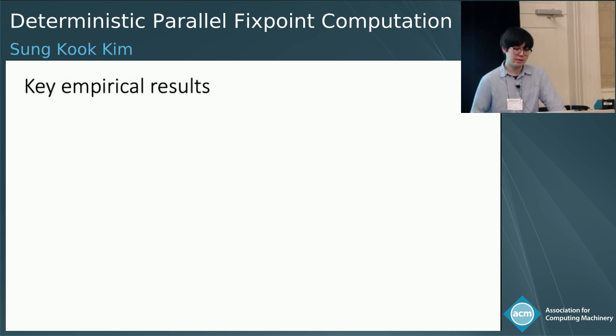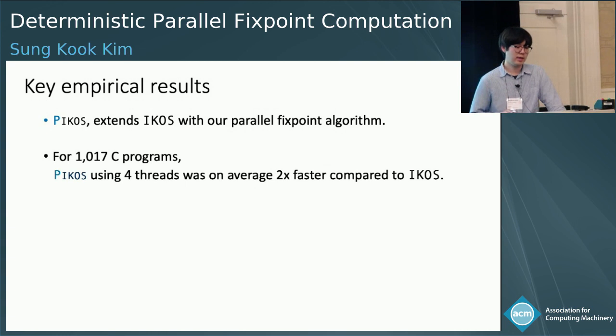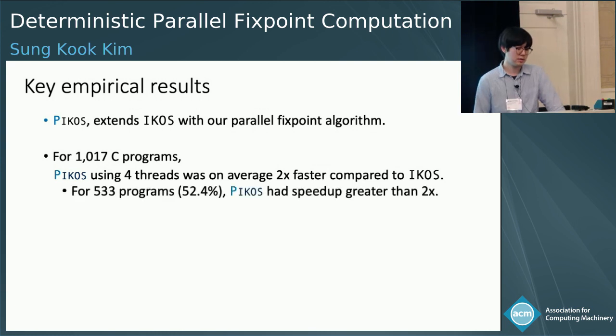We also made an extensive evaluation on a tool that we implemented called PyCos. It extends the state-of-the-art sequential abstract interpreter ICOS. We evaluated on 1,000 C programs. And PyCos using 4 threads was on average 2 times faster compared to the ICOS.